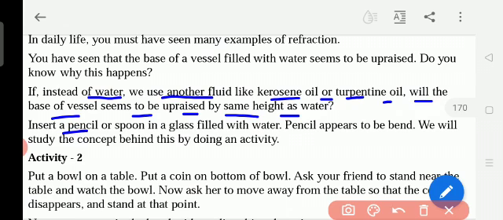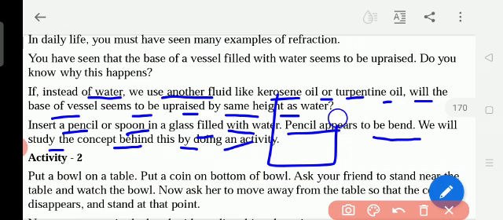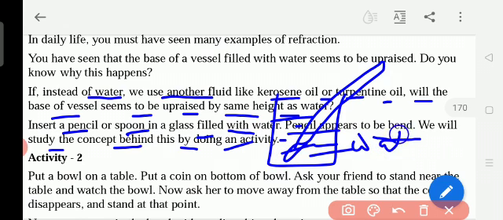Insert a pencil or spoon in a glass filled with water. The pencil appears to be bent. We will study the concept behind this by doing an activity. Just do it in your house.